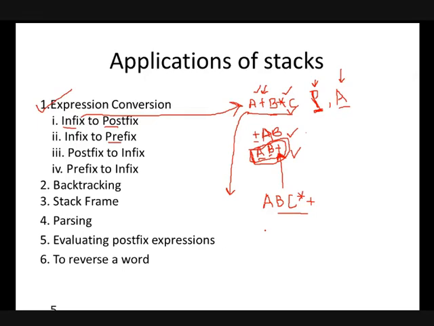But here you only need to understand that if any postfix expression is given to you, then you don't have to use any precedence and associativity rule. Why so? Because the sequence of these operators already decides which operator should be applied first.